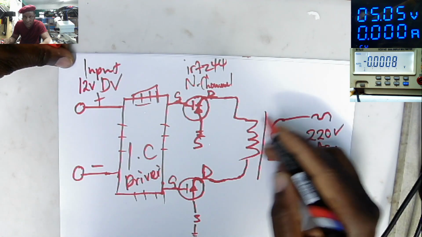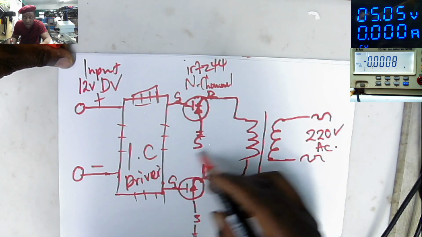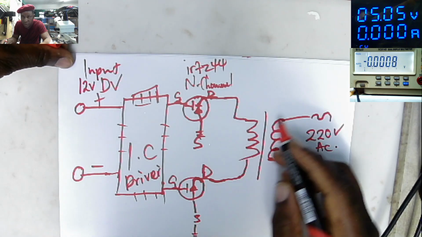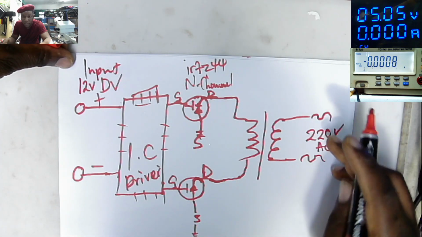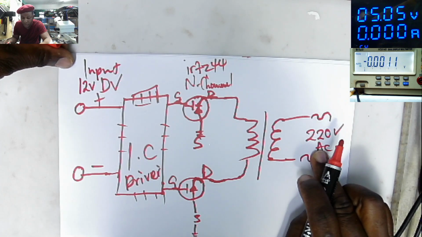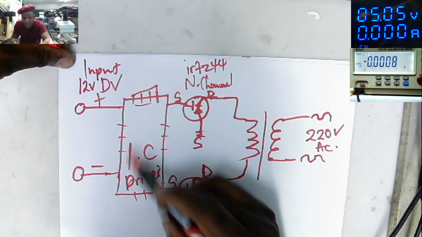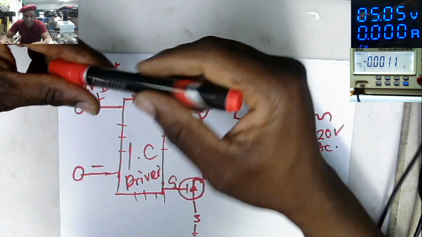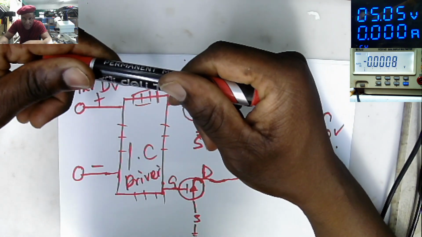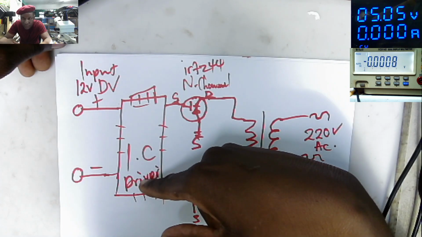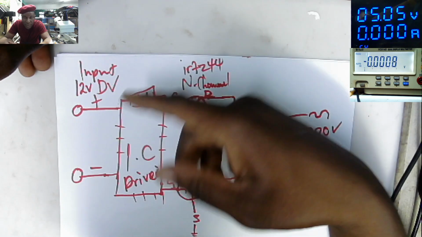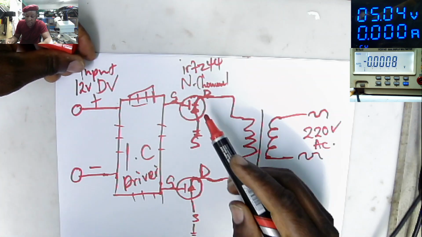What this transformer is doing is boosting voltage. In that way we have high voltage on the output, because the 12 volts is coming to this chip, and inside this chip we have a bridge rectifier, which is changing from DC to AC.